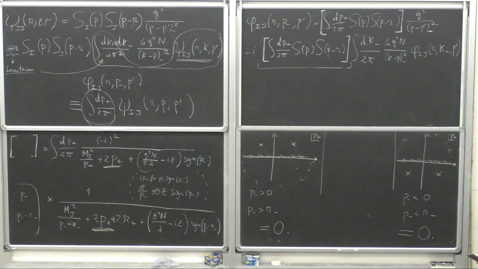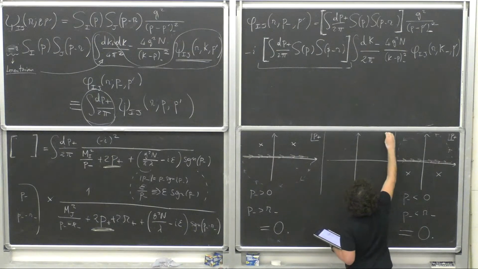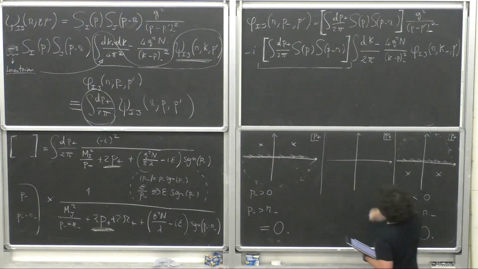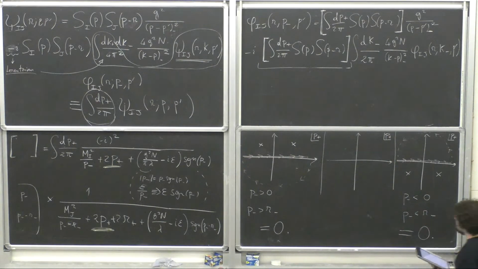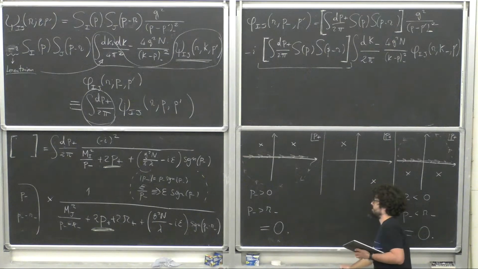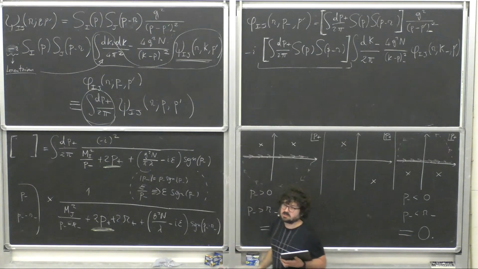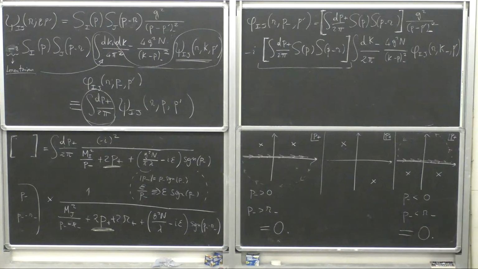The only case where I get non-zero is when one pole is up and the other one is down. If I have one pole here and one pole there, I should really draw these poles infinitesimally close to the axis, but the only thing that matters is in which half of the complex plane they are.